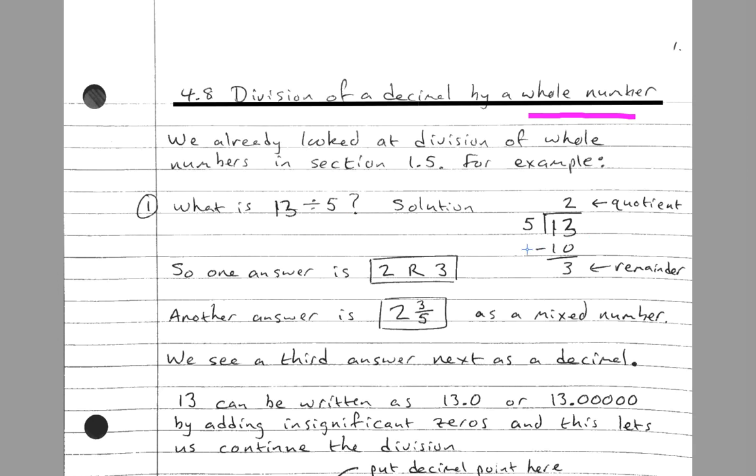If you do the division, 5 into 13 goes 2 times. 2 times 5 is 10, subtract, there's 3 left over. So that's where we stopped in this section. The answer is it fits in 2 times with 3 left over, so the remainder is 3.